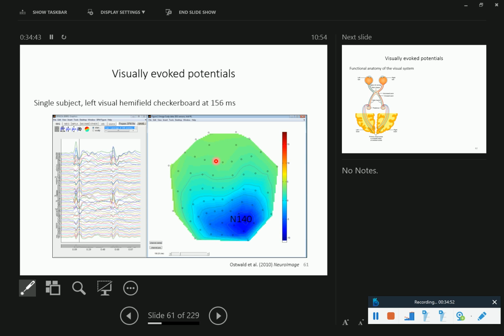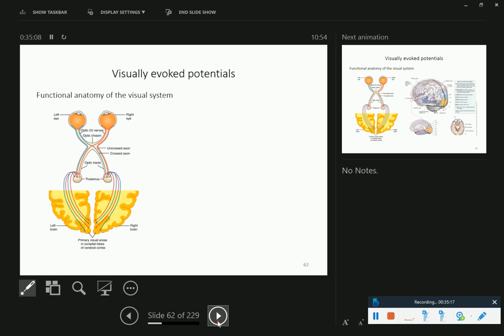But the problem is that activity that is not really the first activity, in this case the P100, the second activity, is usually not of such a clear dipole pattern. We have multiple dipoles that maybe cancel each other out, and you still see something, but it's not that clear anymore. So these clear dipolar patterns in the topography you see really for the early responses. So that's how that looks.